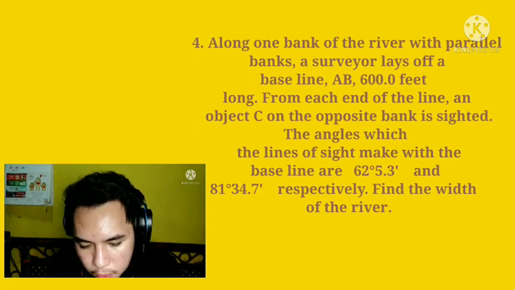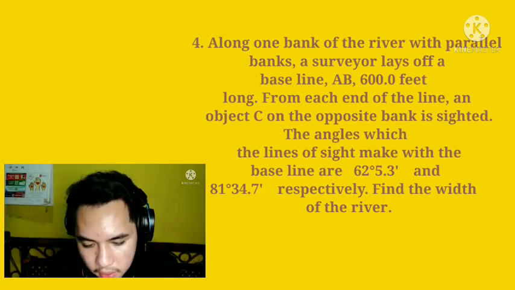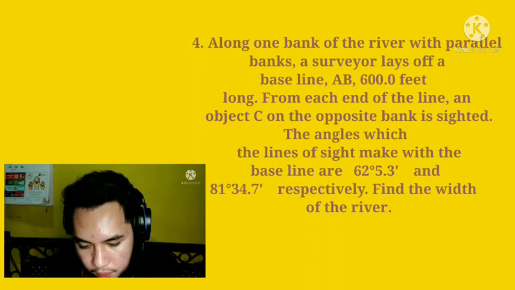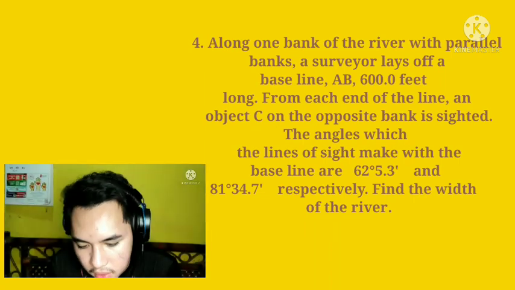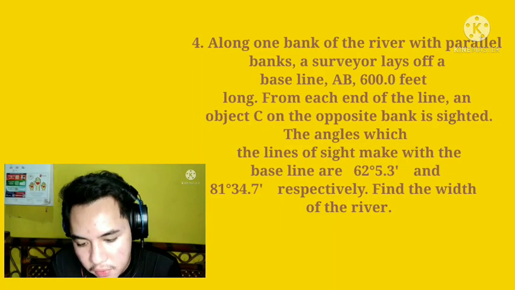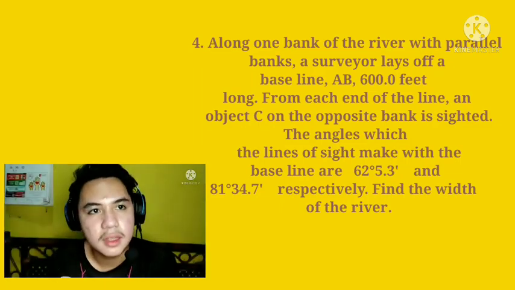The angles which the lines of sight make with the baseline are 62 degrees and 5.3 minutes and 81 degrees and 34.7 minutes respectively. Find the width of the river.